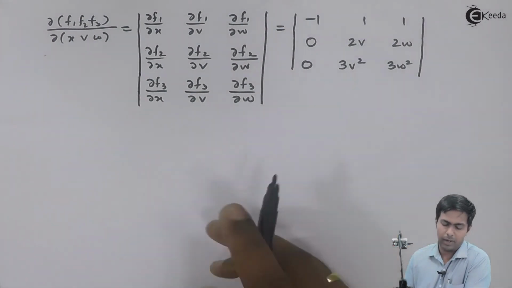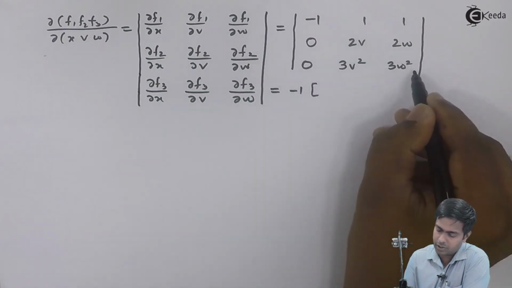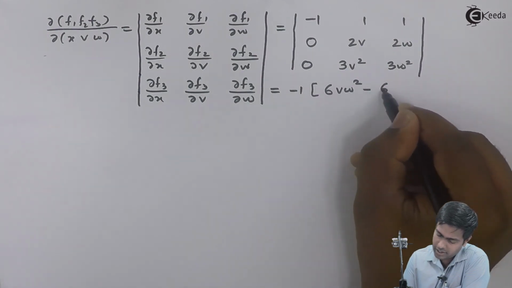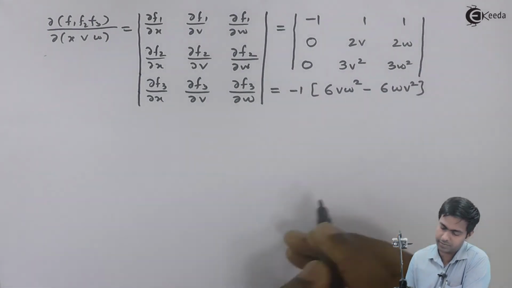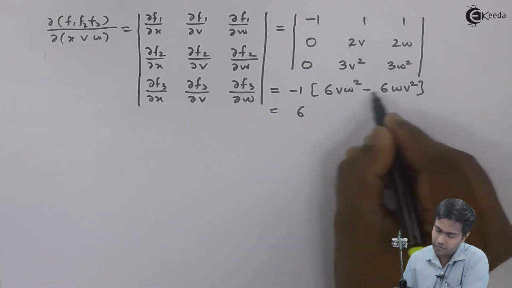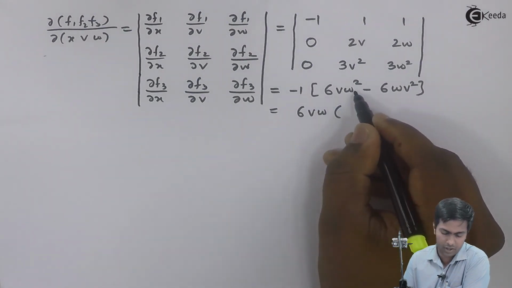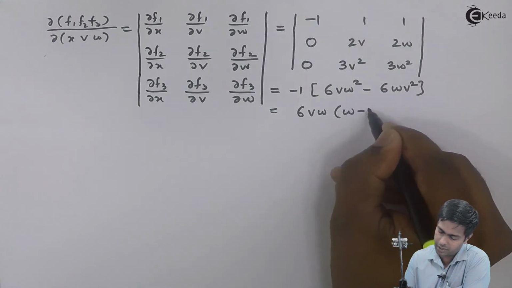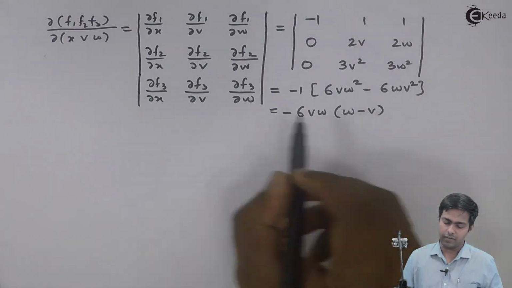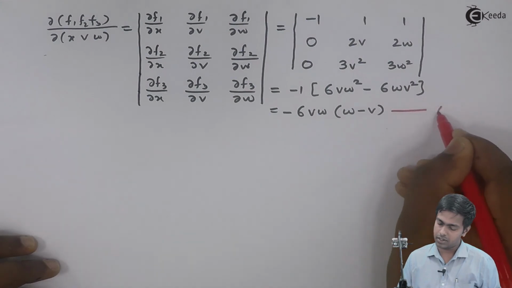So by solving the determinant, we will get minus 1 inside bracket the cross multiplication, that is 6vw square minus 6wv square. So this will give us 6 outside. Next we can take 1v and 1w outside, and inside the bracket from here we'll get w, from here we'll get v, and the minus sign is as it is outside. So this is the value of the second Jacobian, and I'll give this as equation number 6.